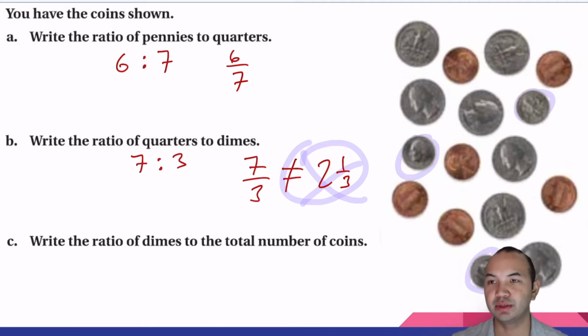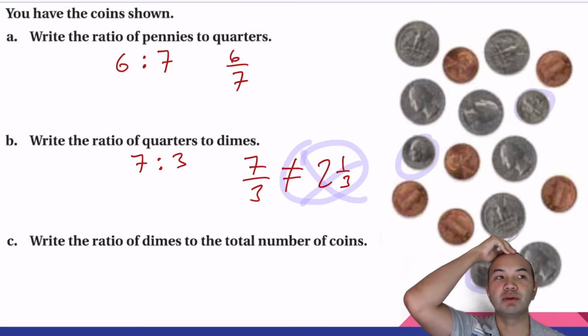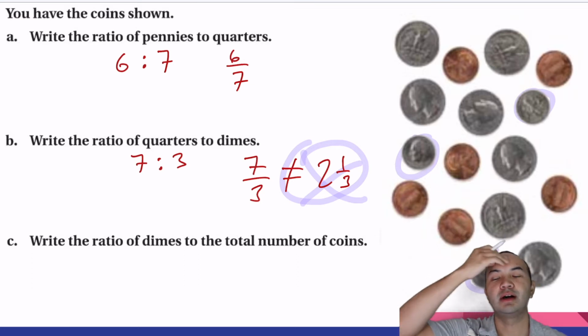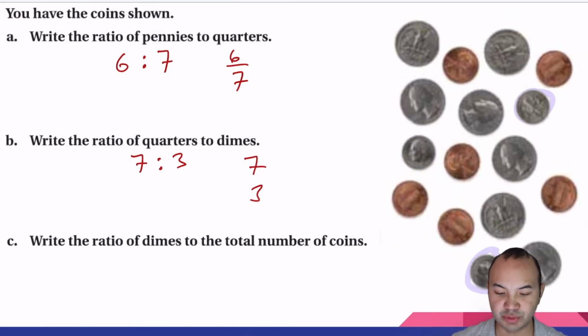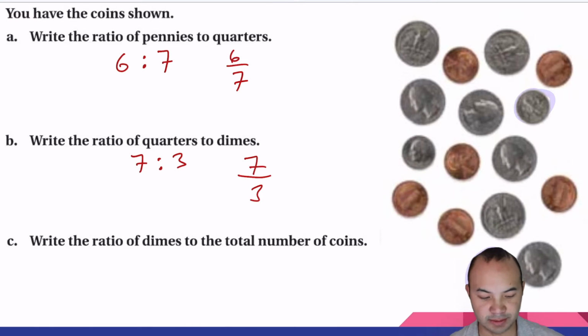So a ratio is written as 2 numbers, with a colon or as a fraction. And the order does matter, because when you say 7 to 3, that means 7 of the first thing you said to 3 of the second thing you said.